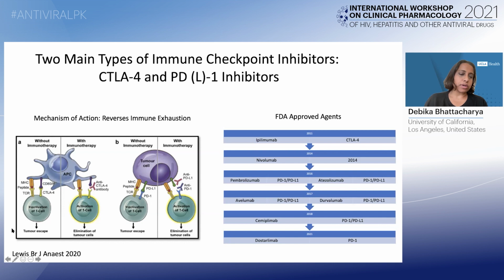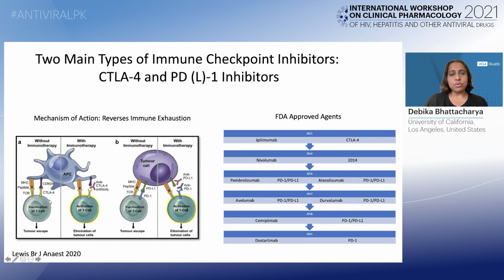So here on this pictorial, on the left-hand side, you can see how CTLA4 and how PD1 and PDL1 work. The first part of the slide is an antigen-presenting cell, and the second part of the slide is the tumor cell.